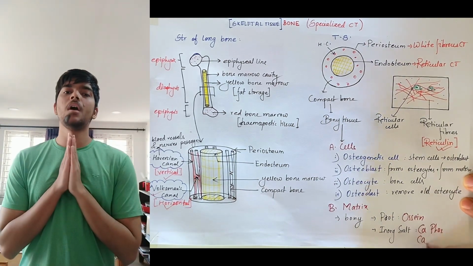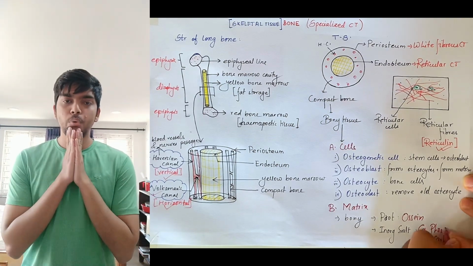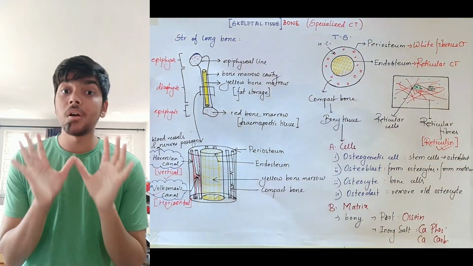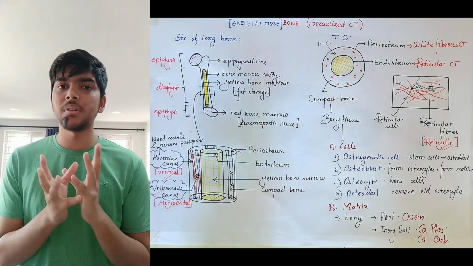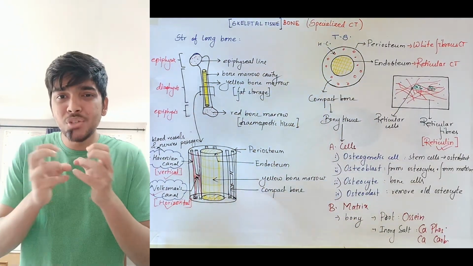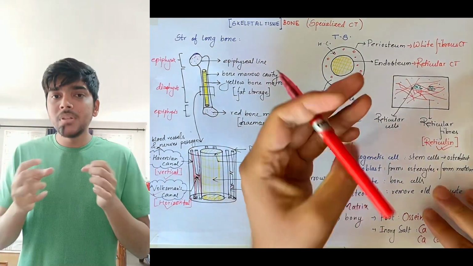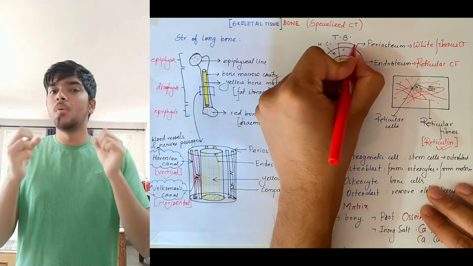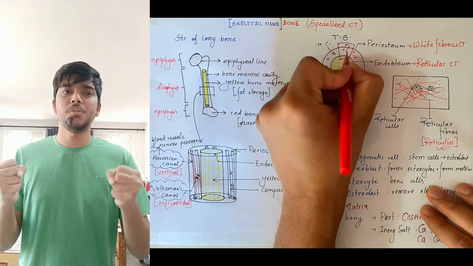And that's it for compact bony tissue, in short, just the surface portion. In the next lecture, I'll be showing you in detail by zooming in even more, and we'll see what actually makes up the compact bony tissue.